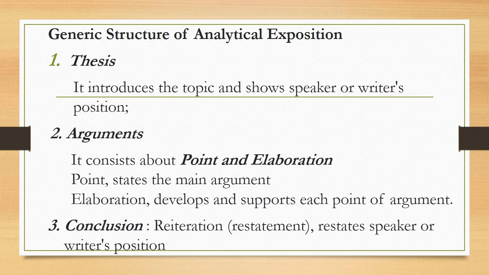It also shows the speaker or the writer's position, while arguments consist of point and elaboration. Point states the writer's or the speaker's main argument, which is supported with its elaboration.